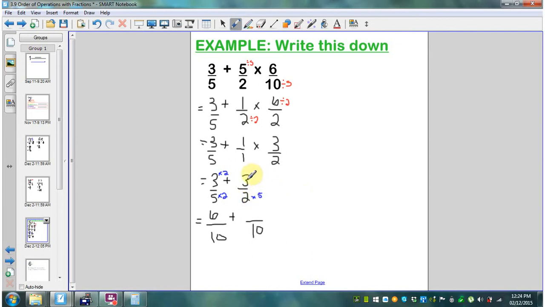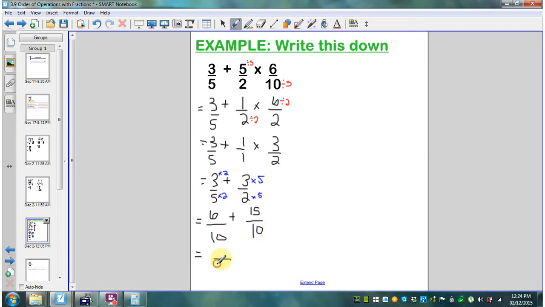Whatever we do to the bottom, we must do to the top. 3 times 5 is 15. We have a common denominator, so we're safe to add our fractions. Remember, the rule is you add your tops, your numerators, and you keep your denominators.